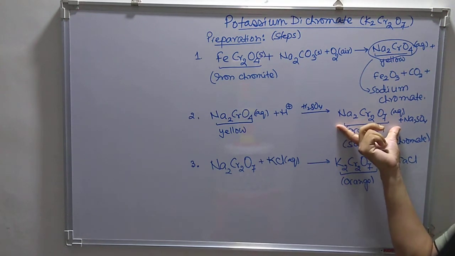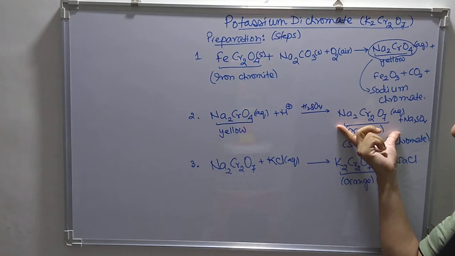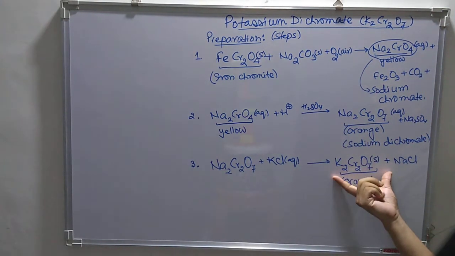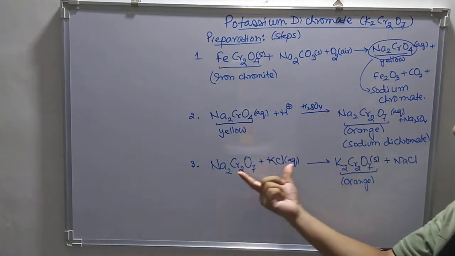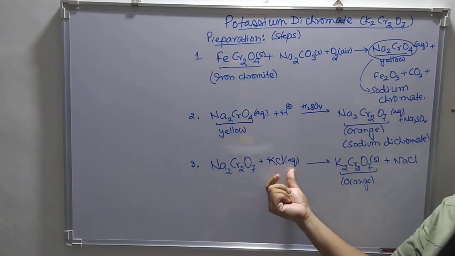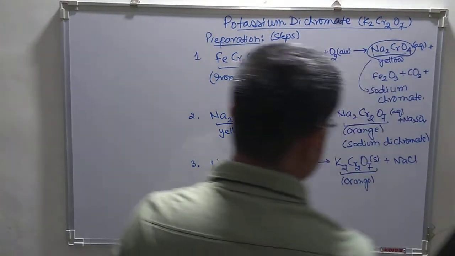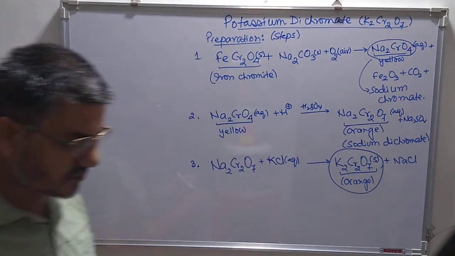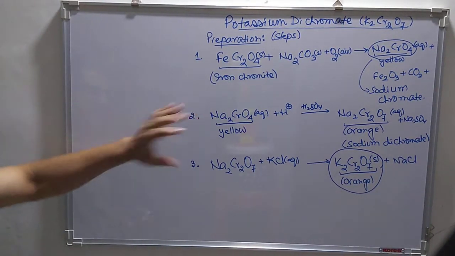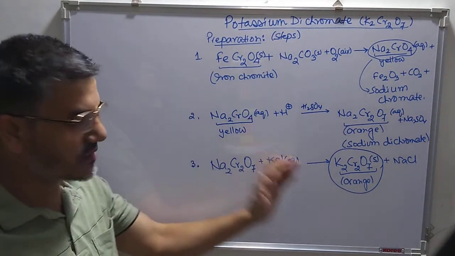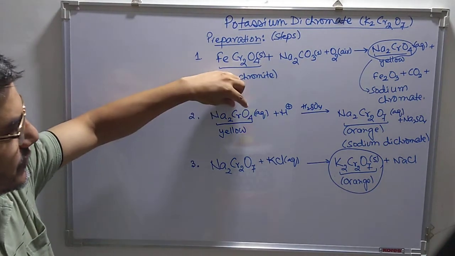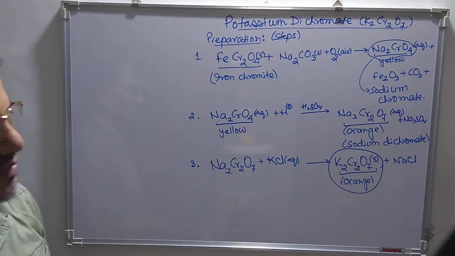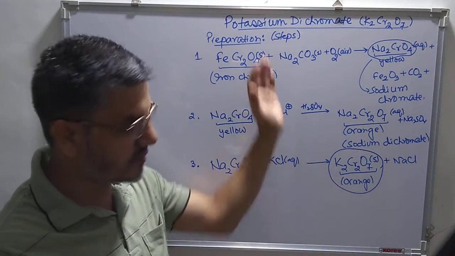Now sodium dichromate, being more soluble in water, is converted into less soluble potassium dichromate on reaction with KCl. So we have this precipitate of potassium dichromate crystallized out. If you look at the second and third steps, chromate is converted into dichromate. This is the method of preparation.